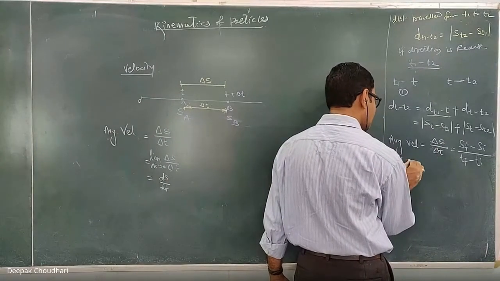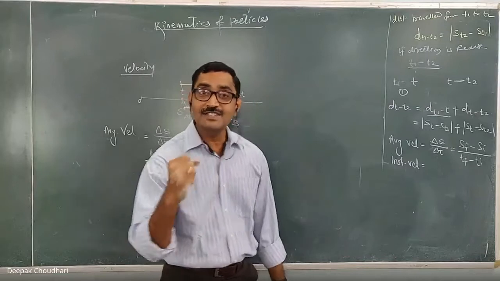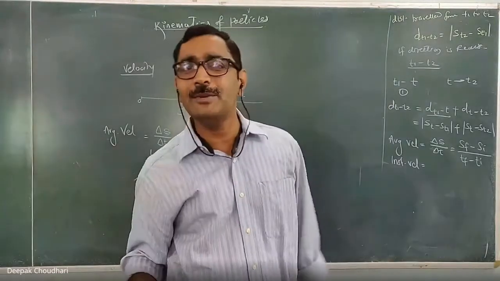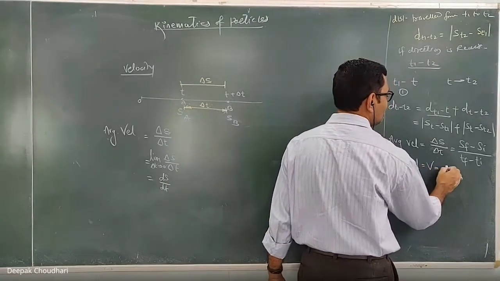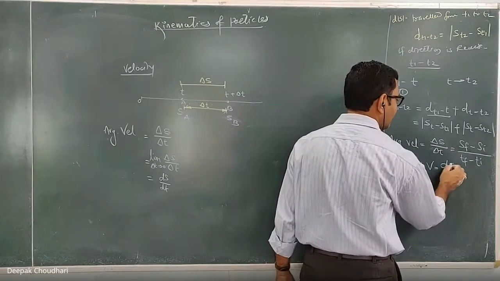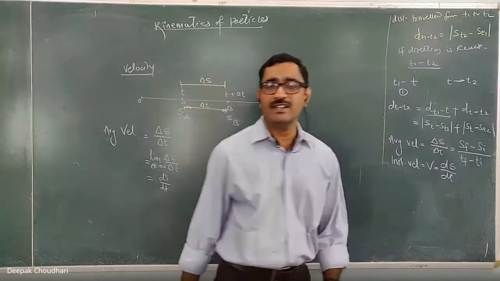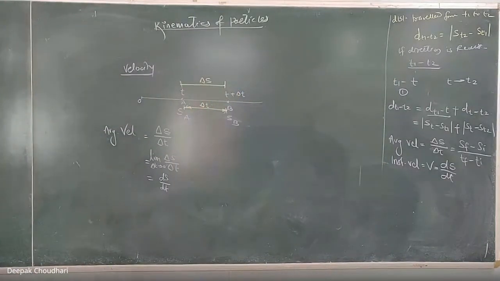So average velocity is the change in displacement upon change in time, whereas the instantaneous velocity, the name instantaneous, it is at that particular instant only. Next instant पे कुछ अलग भी हो सकता है. So instantaneous velocity is v equal to the limit of delta s upon delta t when delta t approaches 0, which can be written as ds by dt, the rate of change of displacement with respect to time. So velocity is the rate at which the displacement is changing with respect to time.